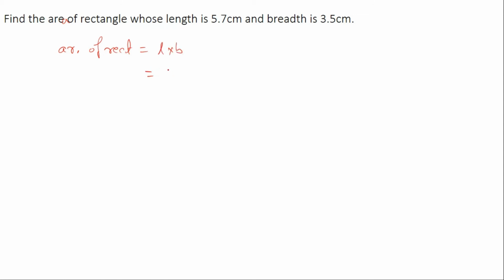That means we have to multiply 5.7 into 3.5 centimeter square. Now when you solve this one, you will get the answer 19.95 centimeter square.